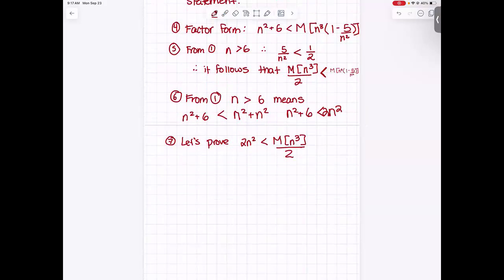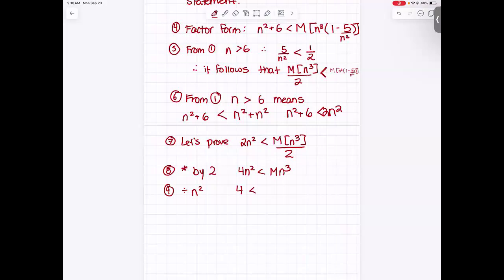Okay, so how can we do this proof? Well, we're just going to do what we did before. We're going to isolate n to prove that we picked an n value where this is going to work. So let's do this proof. We're going to multiply by 2 on both sides. So we'll end up with 4n squared over mn cubed. We can divide by n squared on both sides.